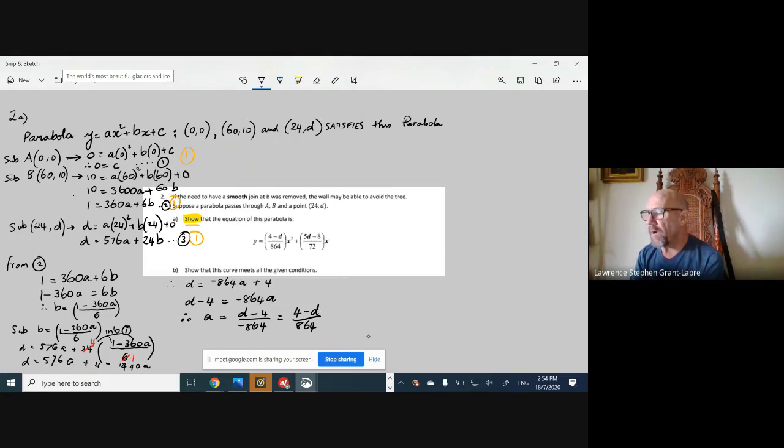Now we want to find our value for B, and we come up and we substitute. It doesn't matter which equation we use. Let's just use equation 1 again. Substitute A equals 4 minus D over 864 into equation 2.